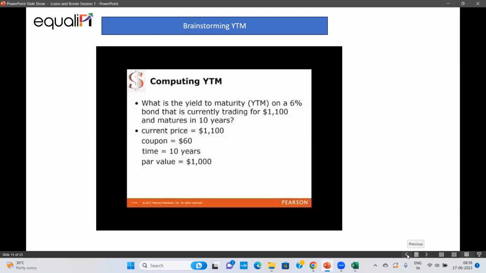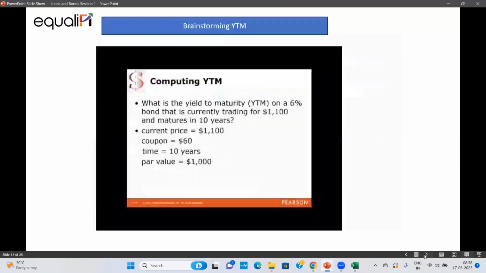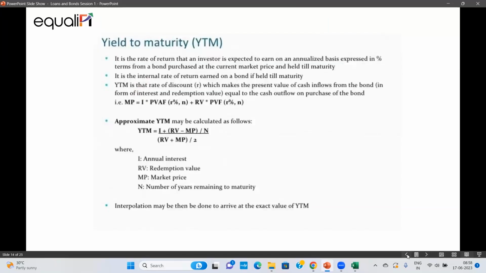See, what is the MP, market price? It is 1100, right? What is the par value? It is 1000 rupees.